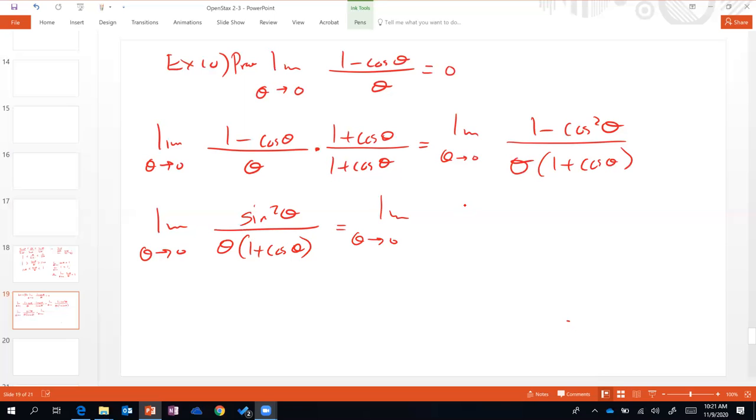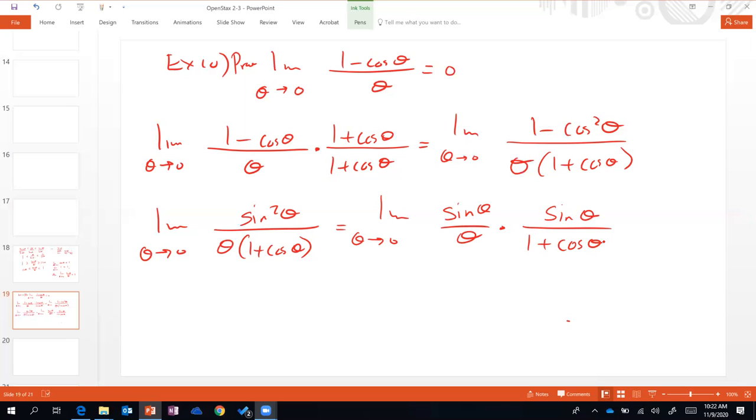You can also split it off with the denominator and the top too, so you can get sine theta. Perfect, I want that. You would have 1 times sine theta over theta, times sine theta over 1 plus cosine theta. That works by me, absolutely.